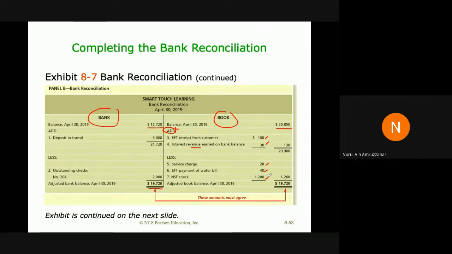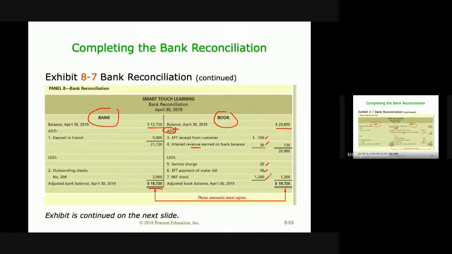So when you receive the check from your customer, you debit your account, right? But when you bring that check to the bank, it seems that the customer does not have enough money. So that's how the bank rejected it. So that's why you have to minus in your account.